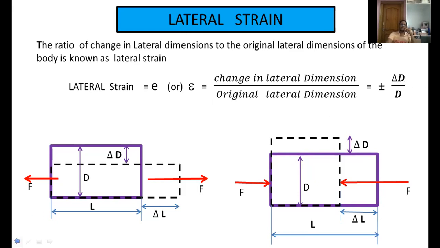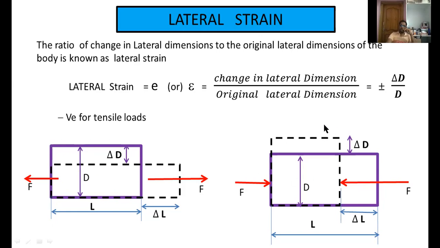Here when you are applying tensile loads on a body, the diameter of the body decreases. That's why, in case of lateral strain, you have to consider negative sign for tensile loads.